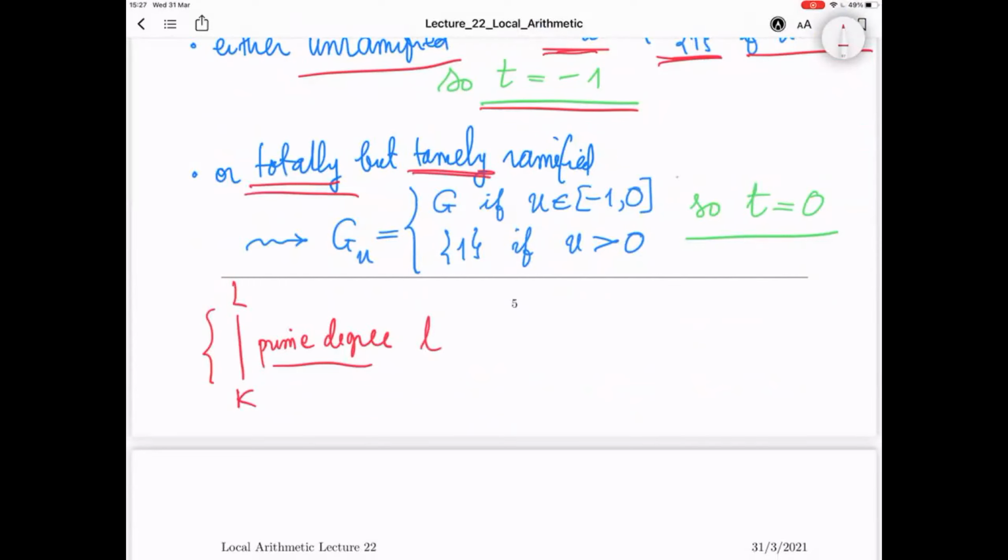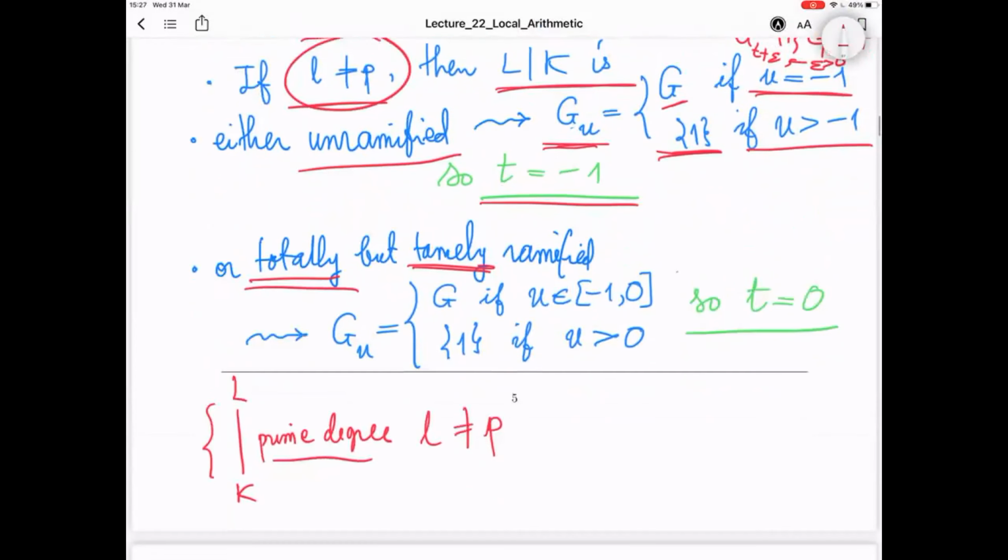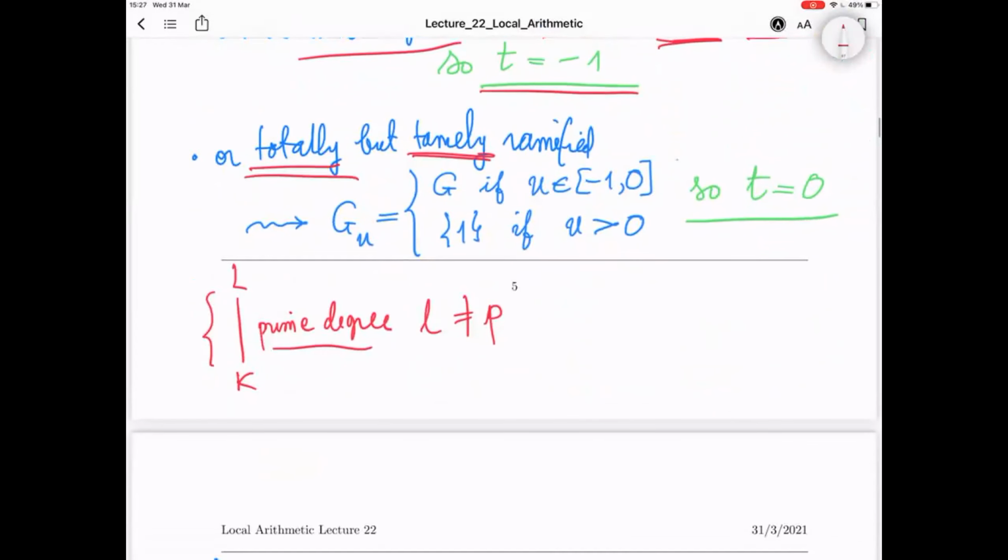But it's tamely ramified because L is different from P. That's our assumption. In this case, G sub U is equal to the whole of G if U goes from minus 1 to 0, including U equal to 0.